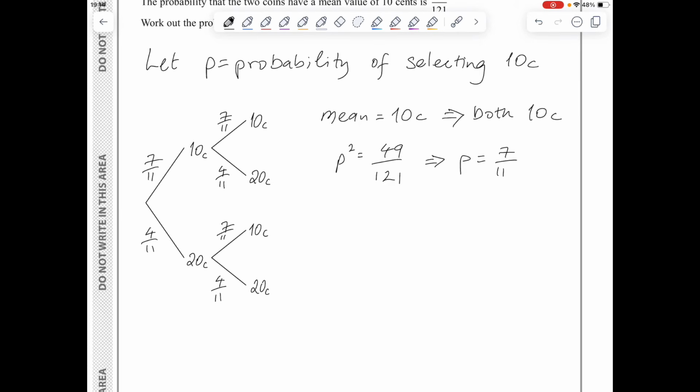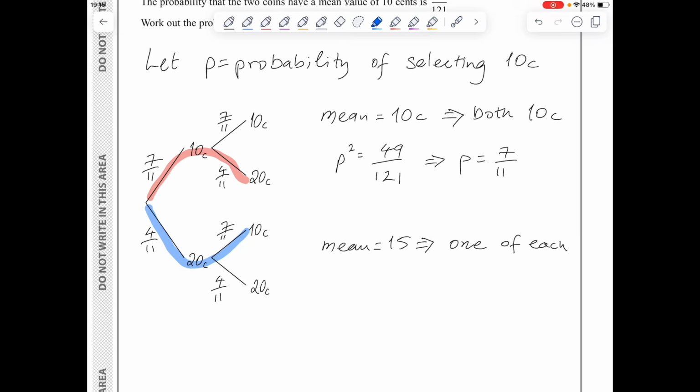Now, to have a mean of 15, one of the coins must be 10 cents and the other one must be 20 cents. And there are two combinations. The first combination is to get a 10 followed by 20, and the second one is to get a 20 followed by a 10, which is this one.